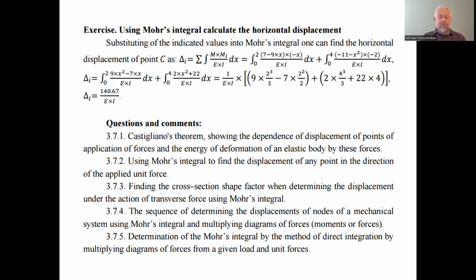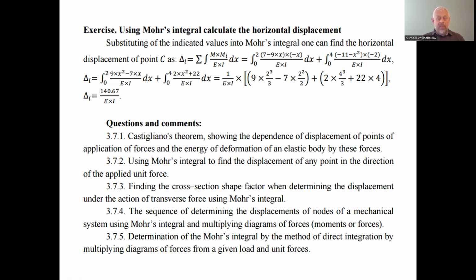And actually, we have 3 summands of the Mohr integral. One summand is the displacement under the action of the bending moment, the second summand under the action of the transverse forces, and the third one is the displacement of the mechanical system under the action of the longitudinal forces.